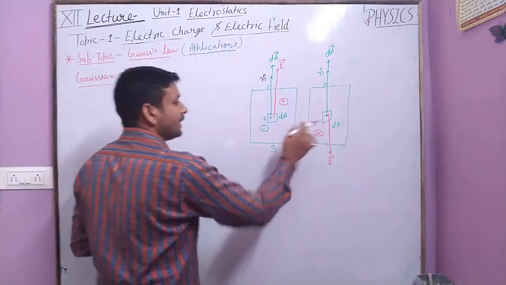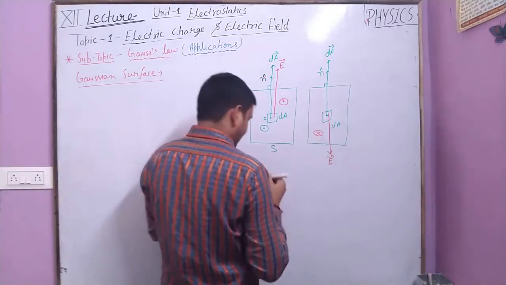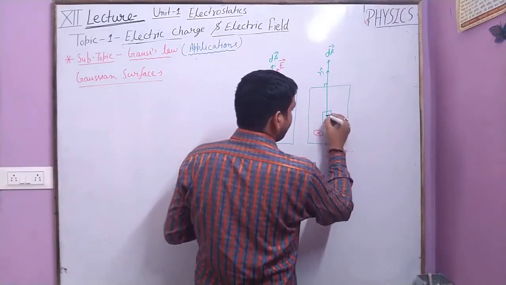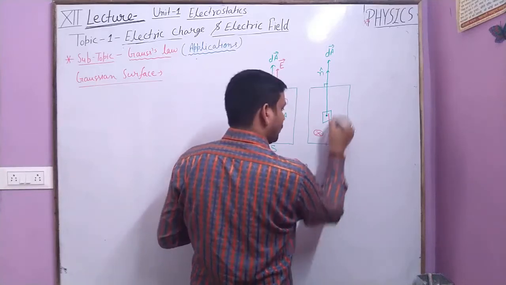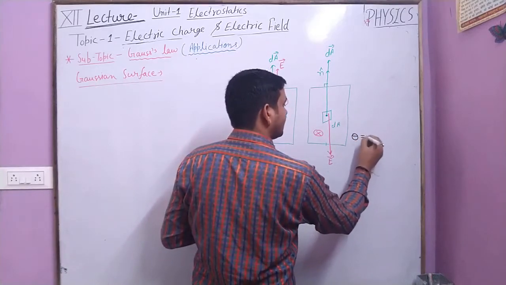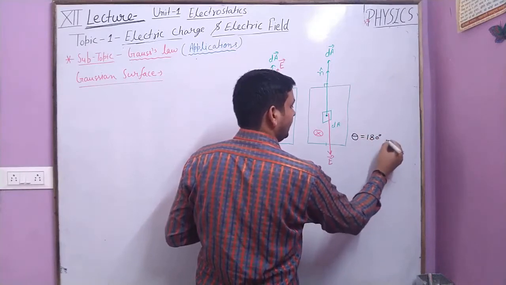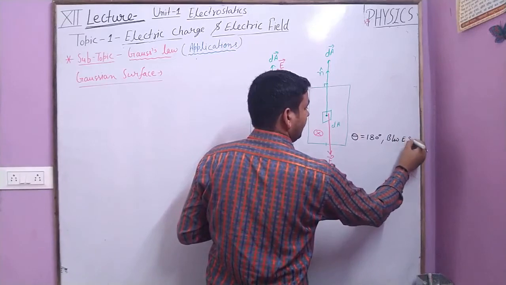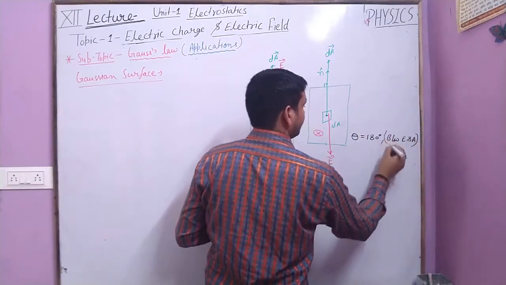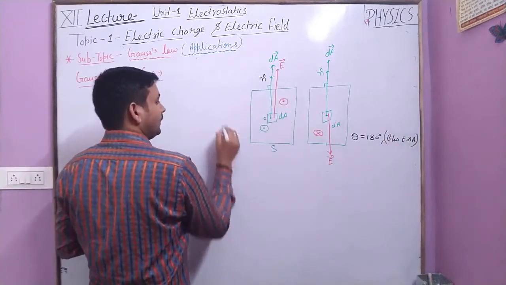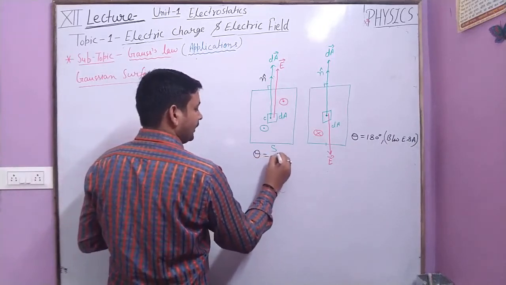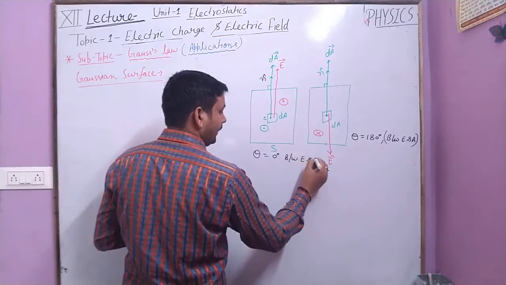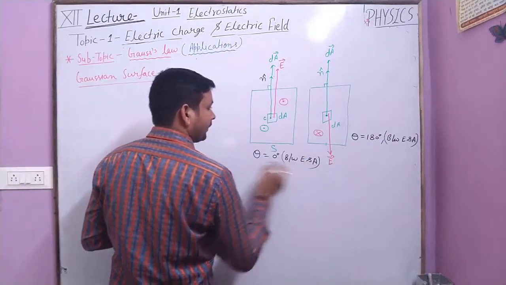Clear? These are the two situations. And another case is, okay, for this particular case theta is equal to 180 degree between E and A, and for this case theta is equal to 0 degree between E and A. Clear?